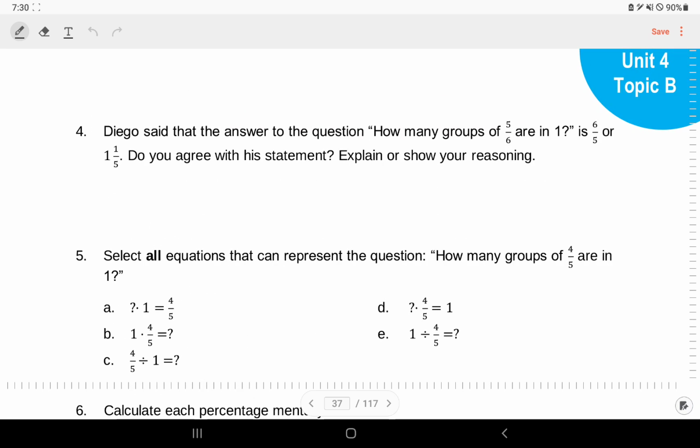Now, for number 4. Diego says the answer to the question of how many groups of 5/6 are in 1 is 6/5 or 1 1/5. Do you agree? Explain or show. Well, to show, we draw a tape diagram. We want 1 whole.